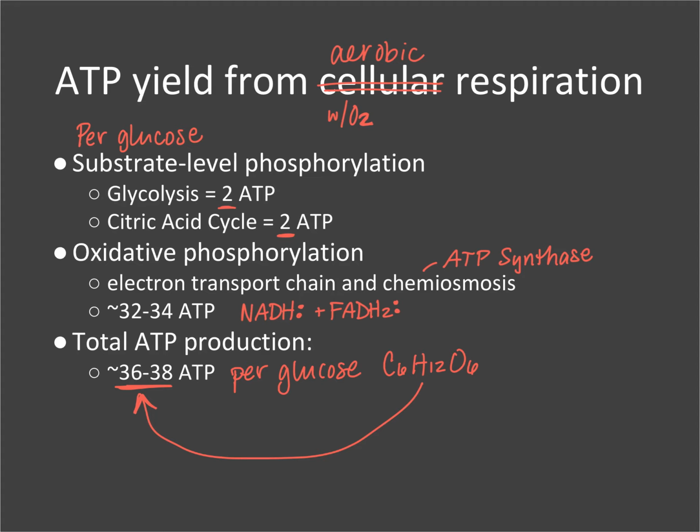And that includes 4 ATP from the substrate level phosphorylation, and then about 32 to 34 ATP from our oxidative phosphorylation. So let's go over the summary of the reactions of aerobic respiration again, so that we can more easily follow what's happening with the carbons, the ATP, and the NADH and FADH2.